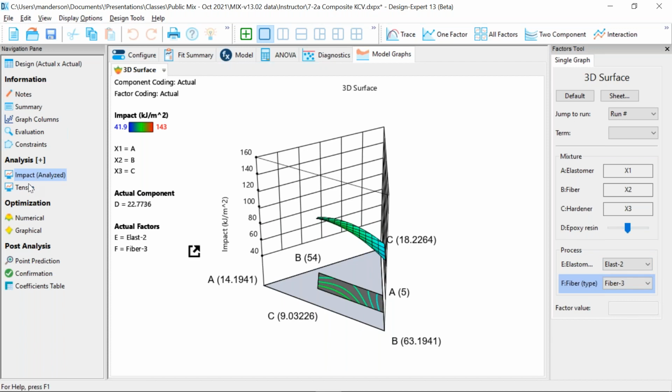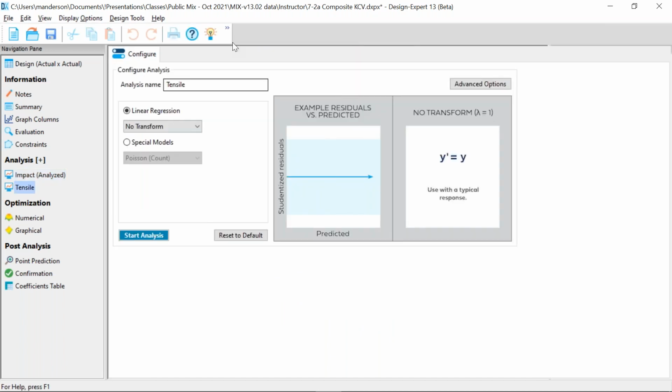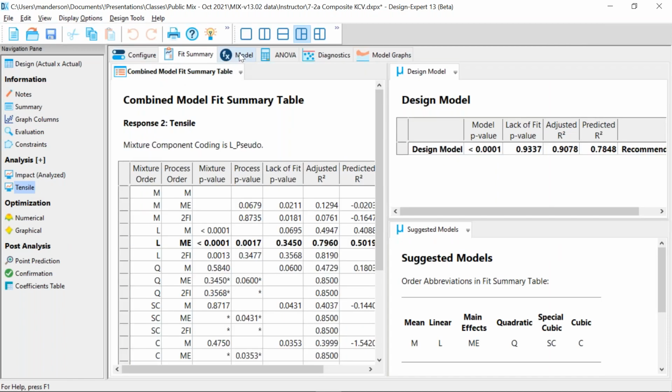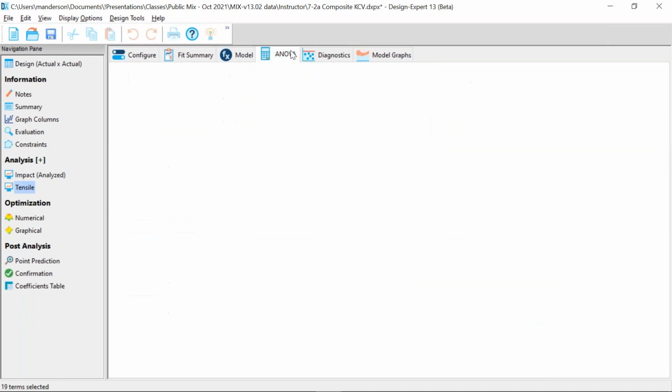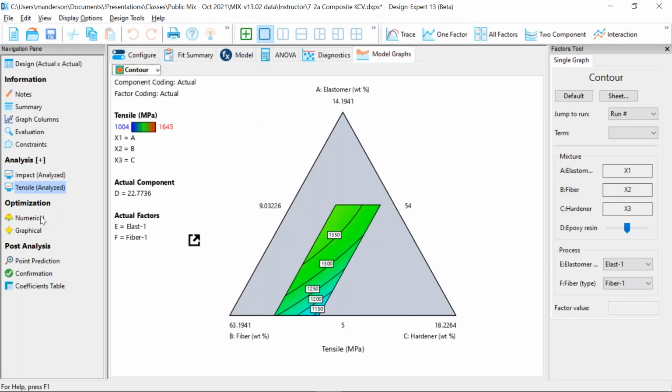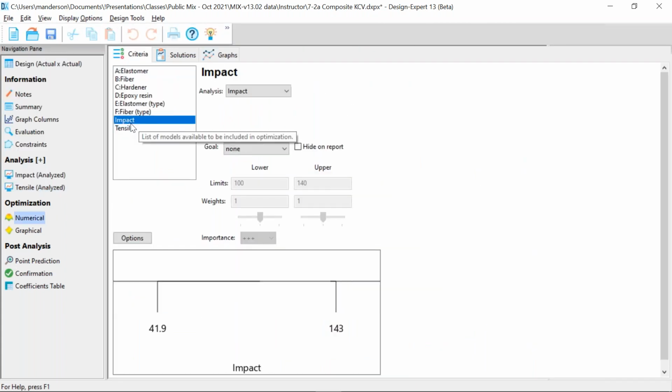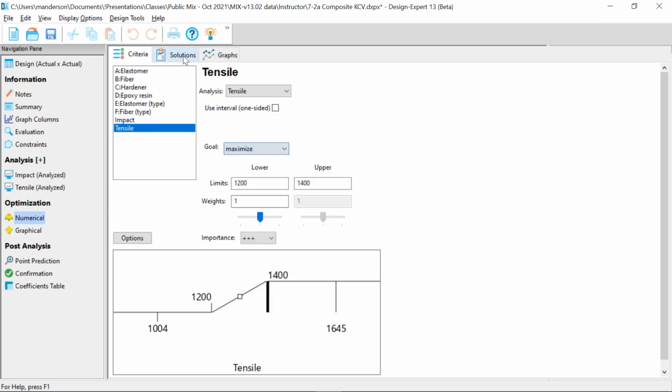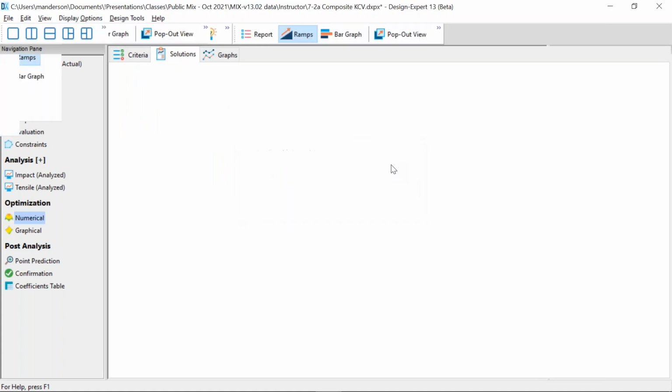And then you do the same analysis on tensile, and basically the program will pick the model for you. And then in the end, you're going to do a numeric optimization to maximize the two different responses. And the program will come up with some kind of solution.